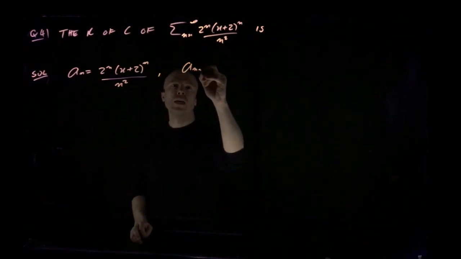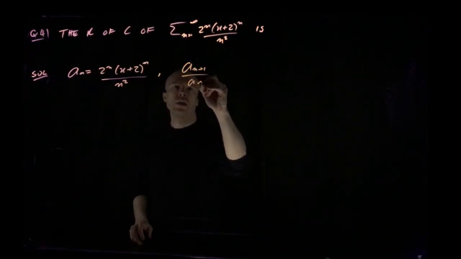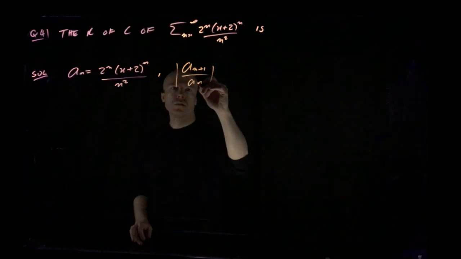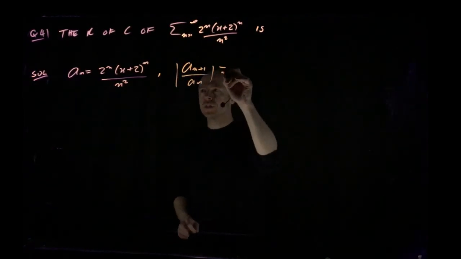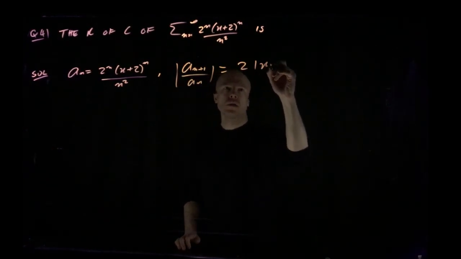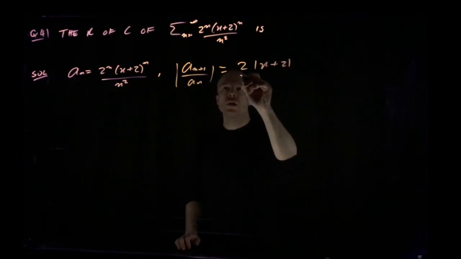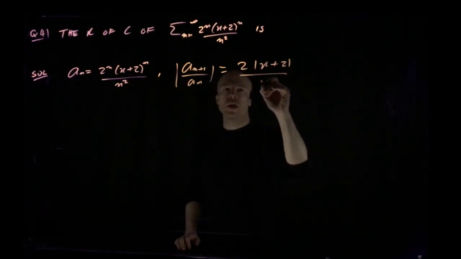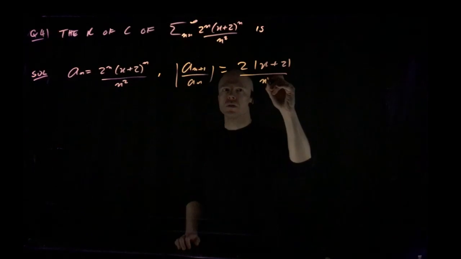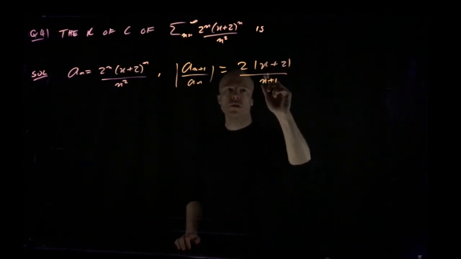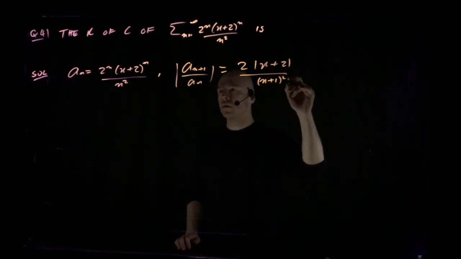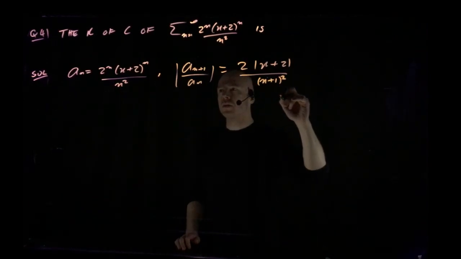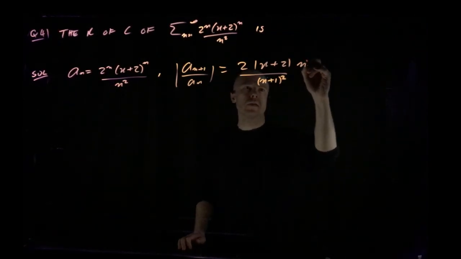So if we do a_(n+1) over a_n, let's see what we get. We're just going to have 2 times (x plus 2), and on the bottom here we're going to have (n plus 1) squared, and we are going to get an n squared here.